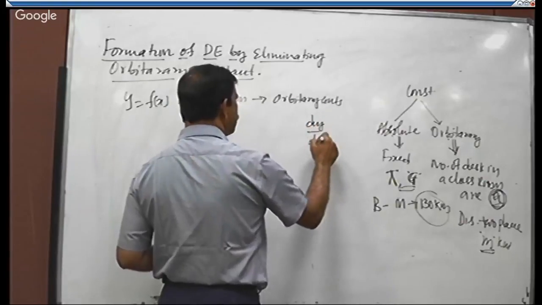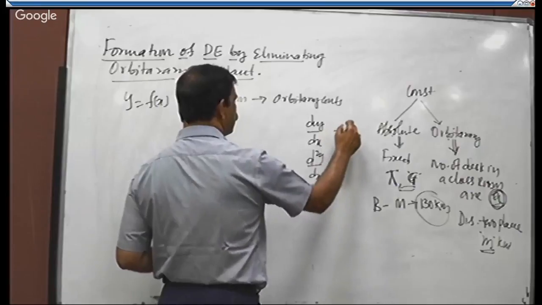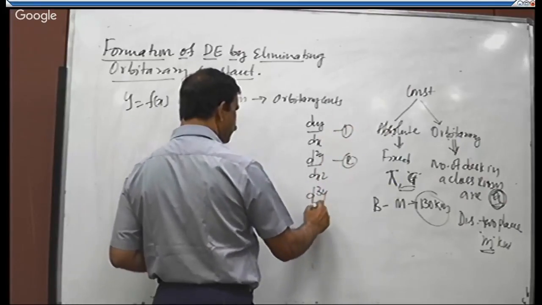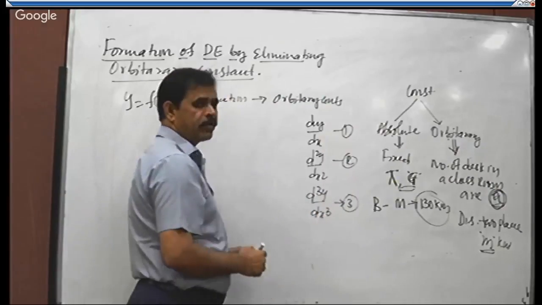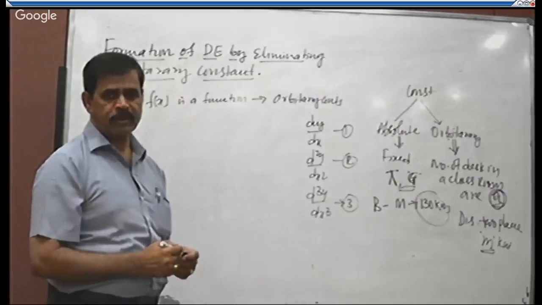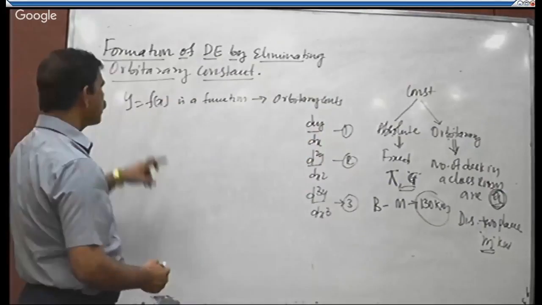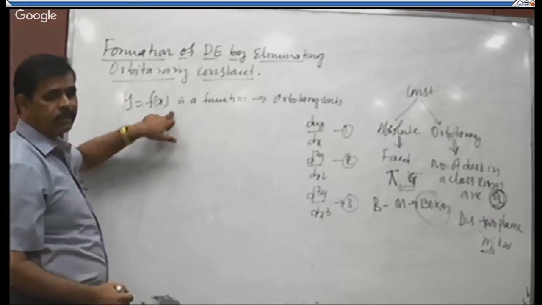If it is differentiated again, you will get d square y by dx square. You do one time, this is the second time. If I again differentiate it successively, you will get third order differentiation. Correct?